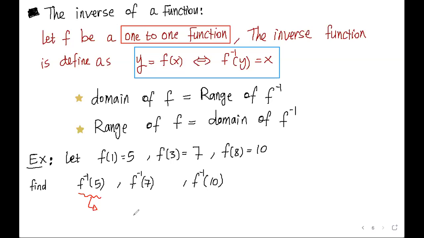I tell you why. By using this definition, y equal f of x, y is 5 and x is 1. F of 1 equal 5. This is my y, this is my x. Now f inverse of y equal x, so f inverse of 5 is going to be x. That's why the answer here is 1.